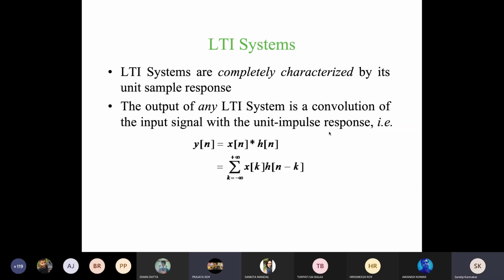You can replace n minus k by a change of variables, right? So n minus m and m, and then the sum will remain the same, from minus infinity to plus infinity. Am I right? Yes, sir.